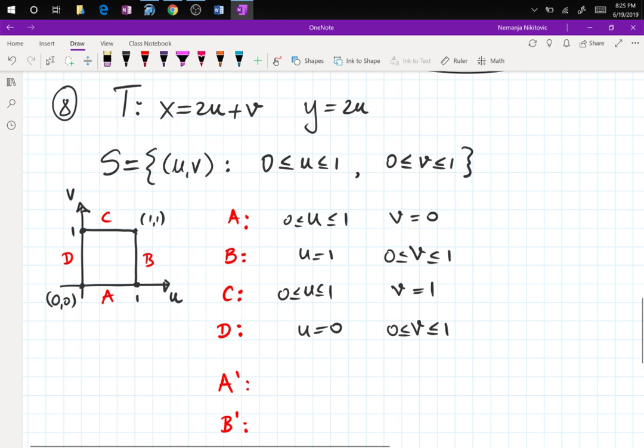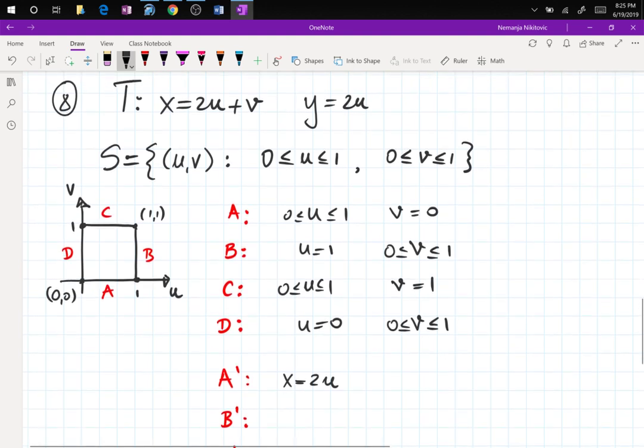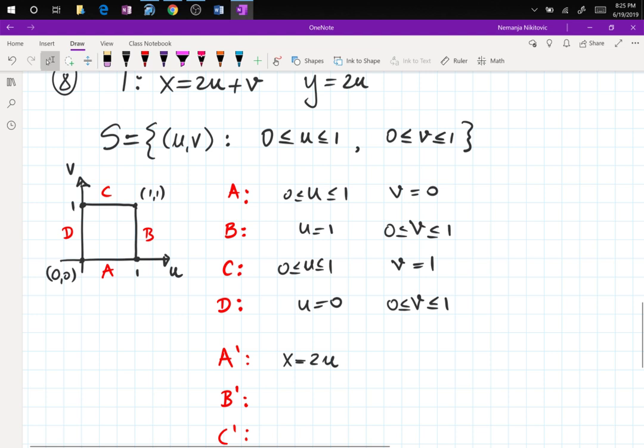If V is equal to 0, well, I have that X is equal to 2U. And if X is equal to 2U, and U goes from 0 to 1, then X must go from what to what? Think.